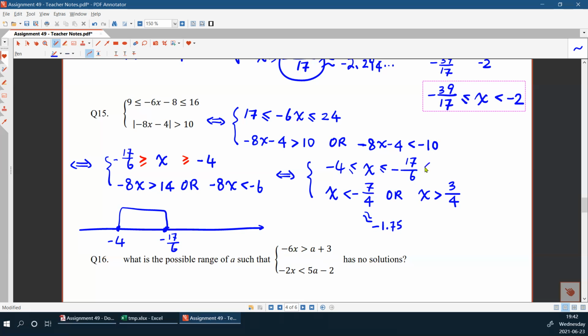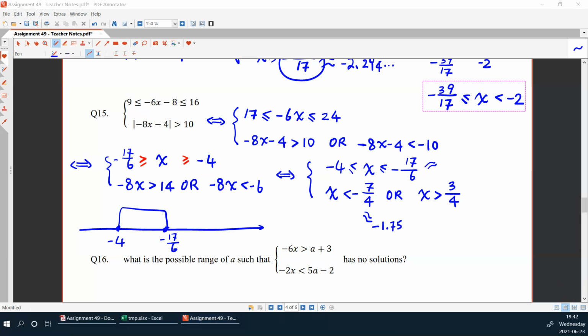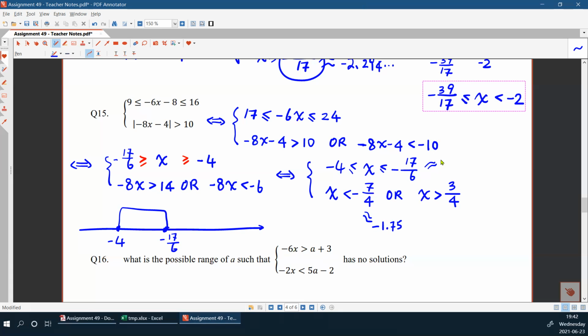And -17/6 is about -2.83 something, right? So which one is larger? Of course, -7/4 is larger, right? So -7/4 should be the largest number of these three existing numbers on the number axis, right?